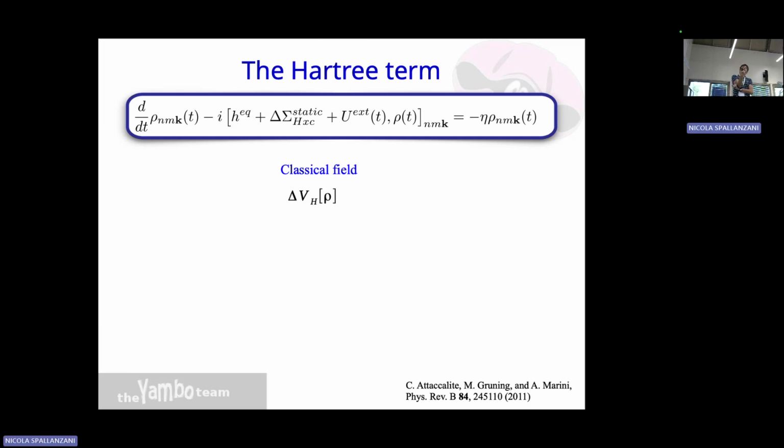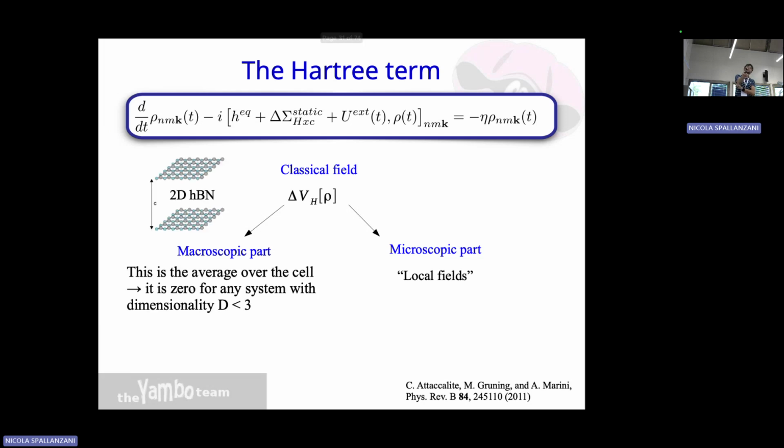So some remarks on the classical field. The variation of the Hartree potential can be split into a macroscopic and a microscopic part. The macroscopic part is the average over the supercell. For example, if you take a 2D material, the average over the supercell goes to 0 as the supercell goes to infinity, so if you take the distance between the layers to infinity.